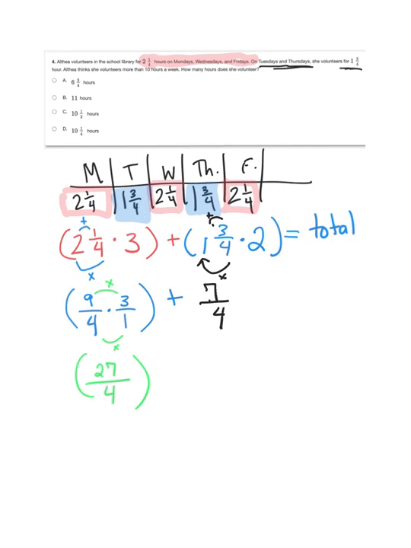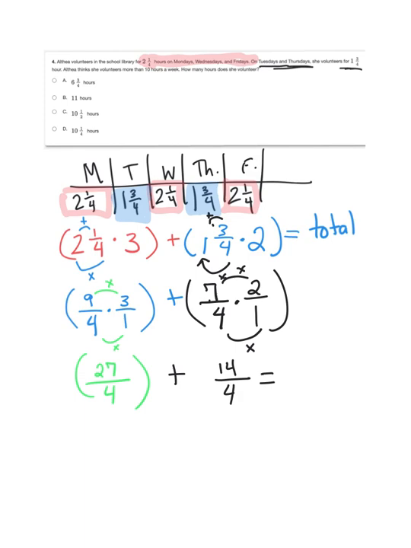So 1 3/4 is equivalent to 7/4. I'm going to multiply that times 2. To do this, I'm just going to multiply straight across my numerators and straight across my denominators. 7 times 2 is 14, and 4 times 1 is 4.